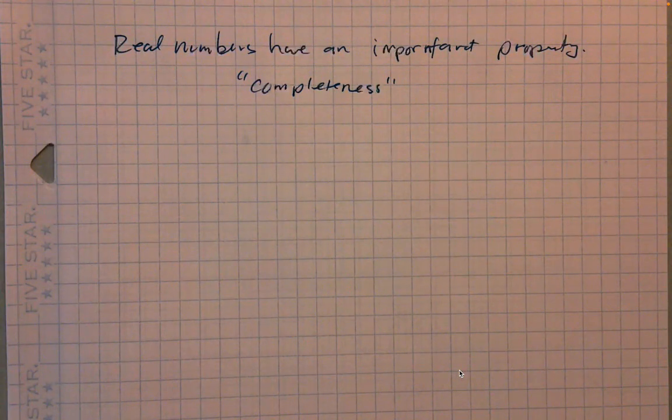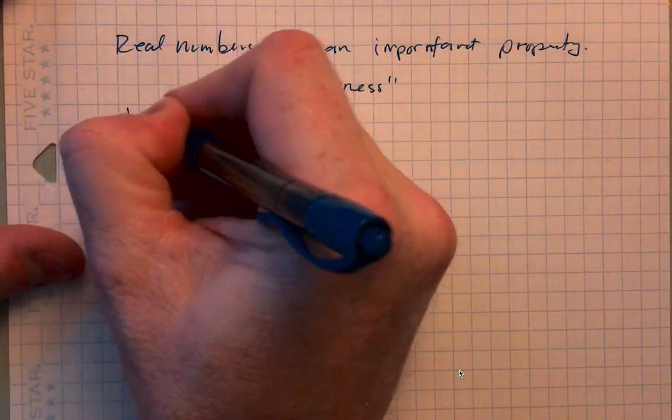That idea of the real numbers being complete is complicated, more of an analysis topic again. But informally, you can kind of say there are no holes or gaps between the numbers. All right, so let's write that.